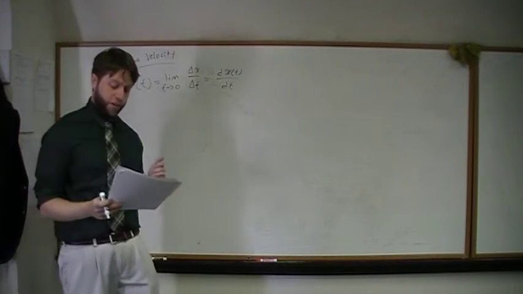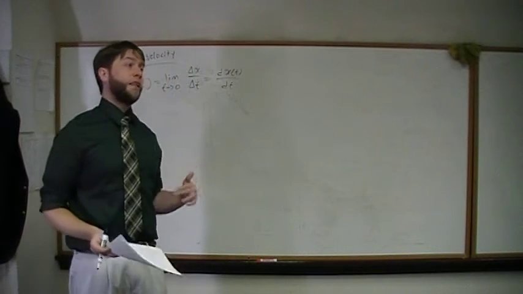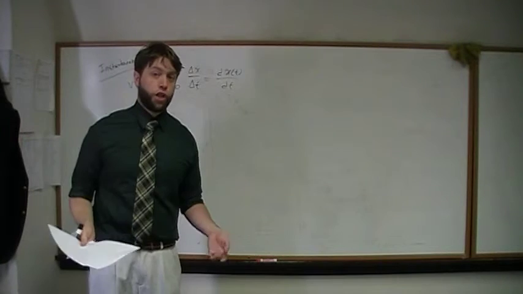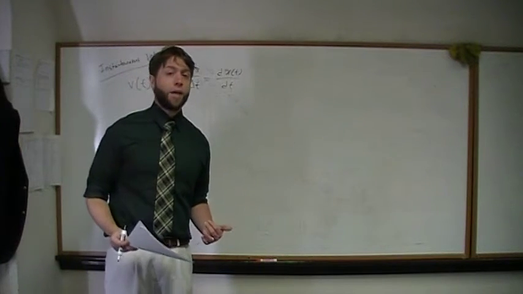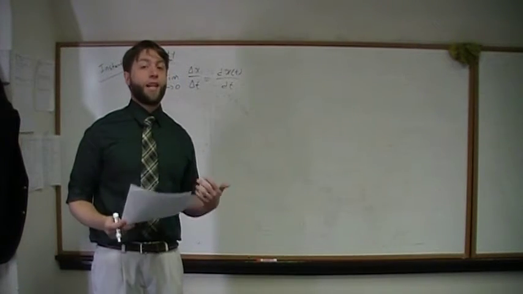So if I give you the position function, you can take the derivative to find the velocity function. Then we plug in any time in order to find the velocity at any time.